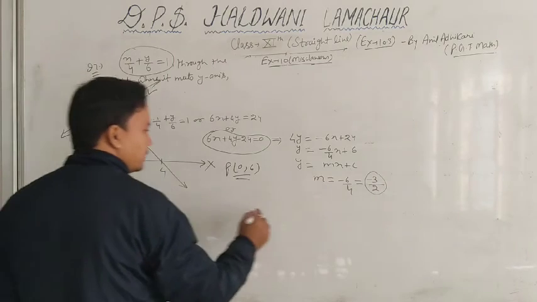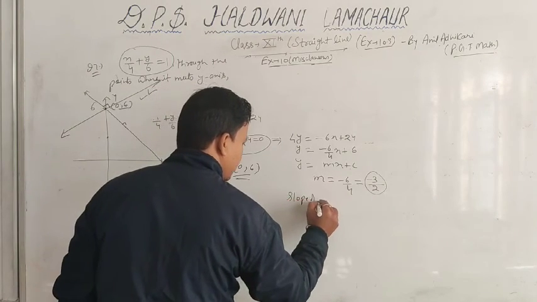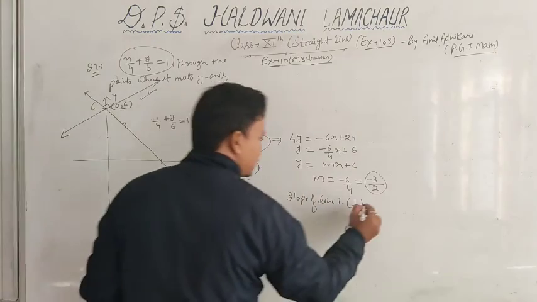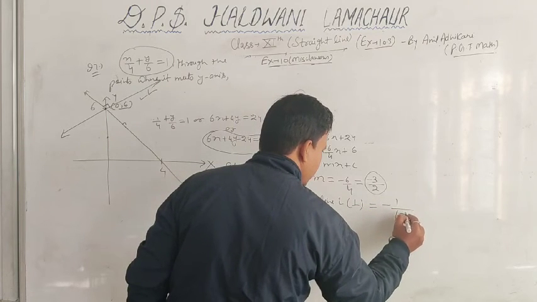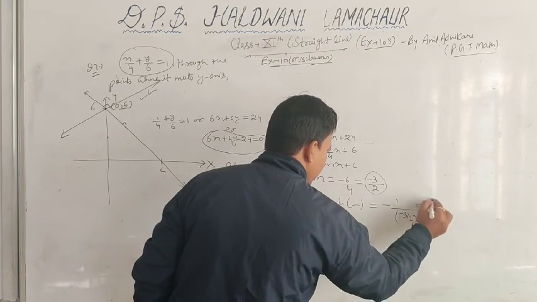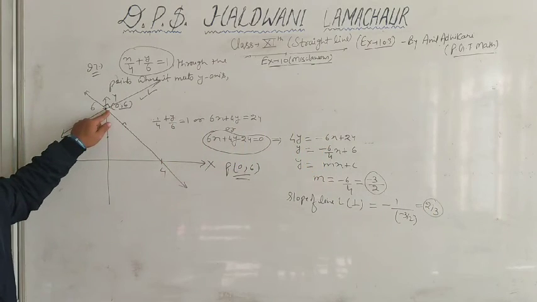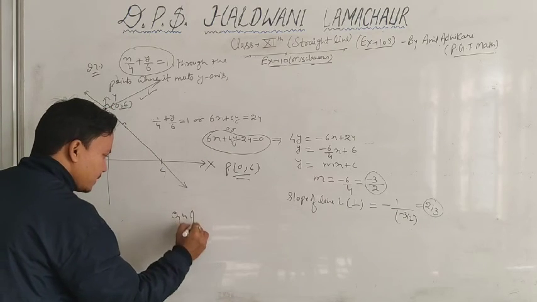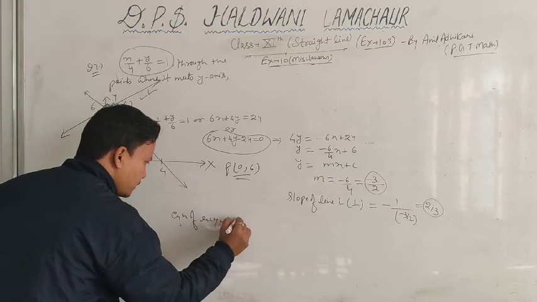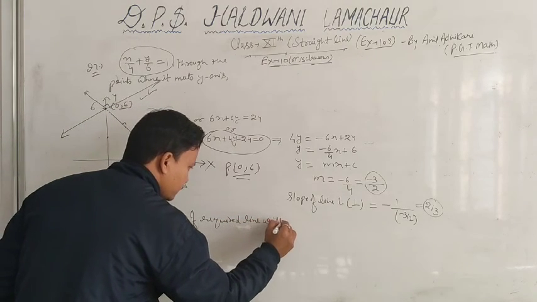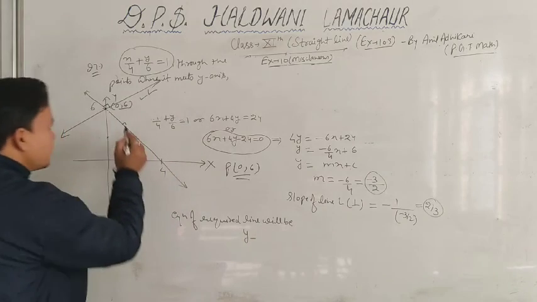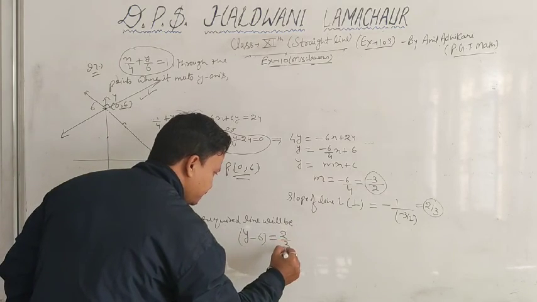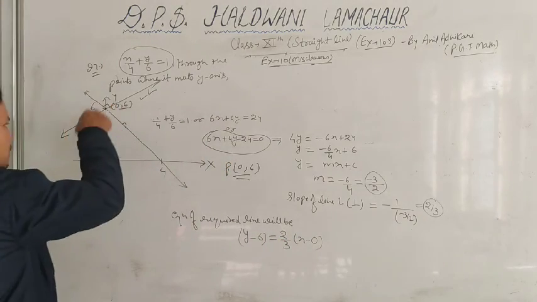Now slope of line L, slope of line L which is perpendicular to this line, okay, तो कितना हो जाएगा बेटा, -1 upon -3 upon 2 that is 2 upon 3। तो बेटा स्लोप हमें मिल गया है, पॉइंट हमें पता है परपेंडिकुलर कहां से पड़ रहा है, जहां पर वो y-axis को मिल रहा है पॉइंट। So equation of required line will be y minus what is the value of y over here, 6, equal to what is slope, 2 upon 3, x minus x1 is 0 because the point is on y-axis.